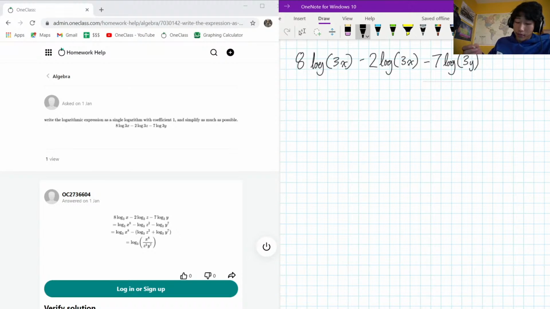Okay, cool. So we want to simplify this, which should not be too difficult, okay? So it says that we need a coefficient of 1. So the first thing that I think would be a reasonable thing to do is that we convert all of their coefficients to 1.